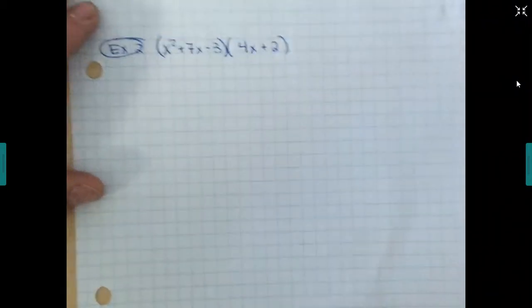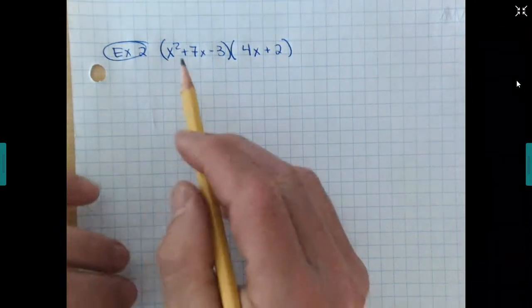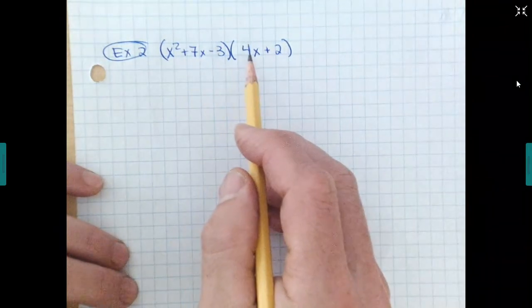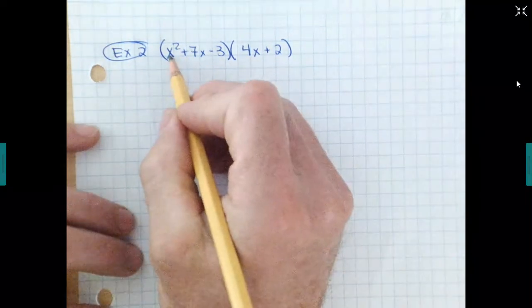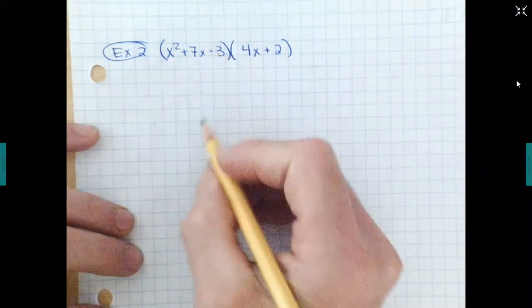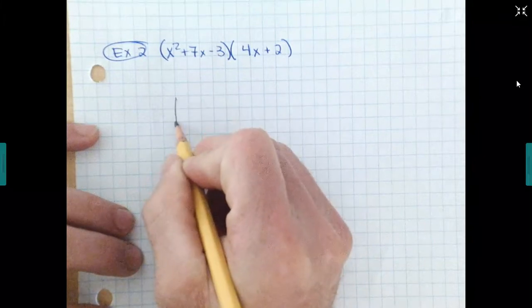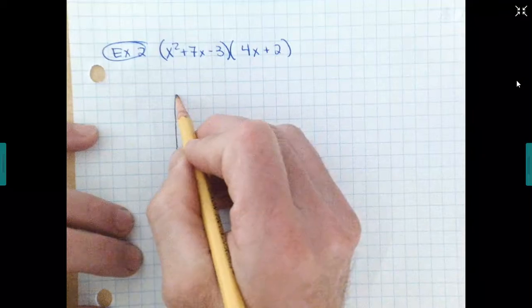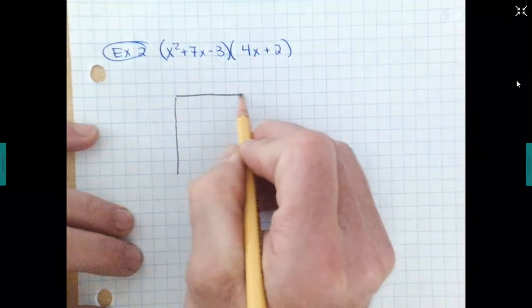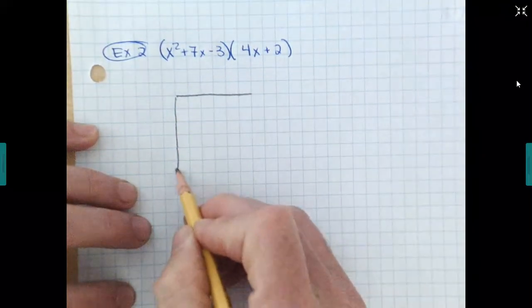Let's take another one. A little step up, example number 2: x squared plus 7x minus 3 times 4x plus 2. So now I have a trinomial with 3 terms, and 2 terms here. I'll make the boxes a little bit bigger.